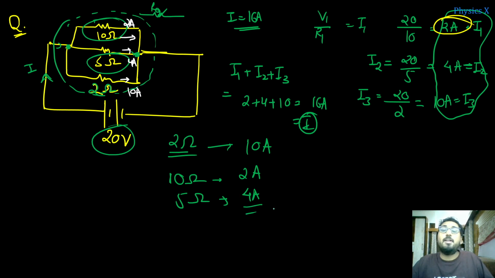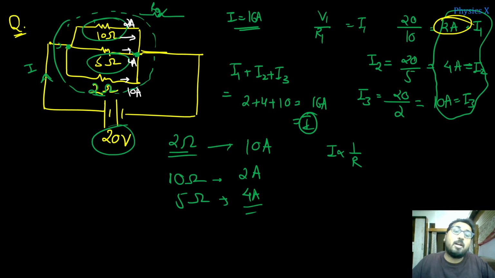So you can see that here I is inversely proportional to R, or R is inversely proportional to I. Right. So this is how you can see that the division of current is taking place across each of the resistors.